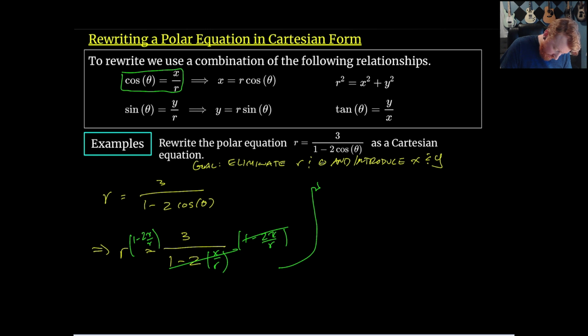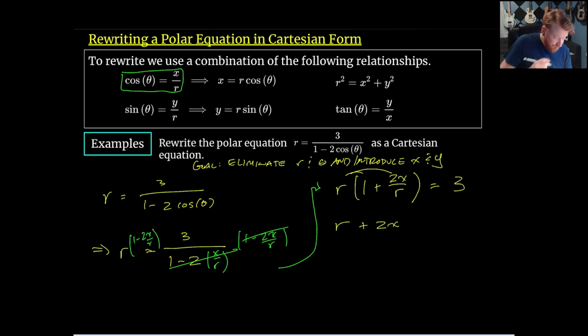And I'll distribute, let me write it out so it looks clearer. 1 plus 2x over r is equal to 3. Now as I distribute this r here, I'm going to have r, but they're going to cancel with the 2x over r. So I'm just going to have r plus 2x is equal to 3.